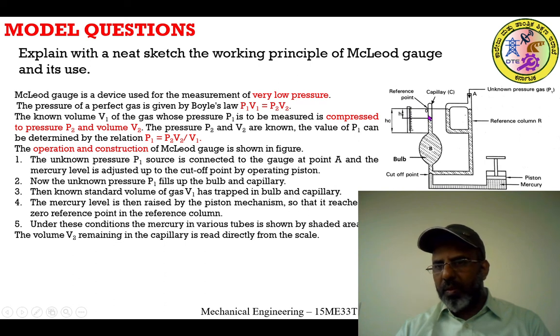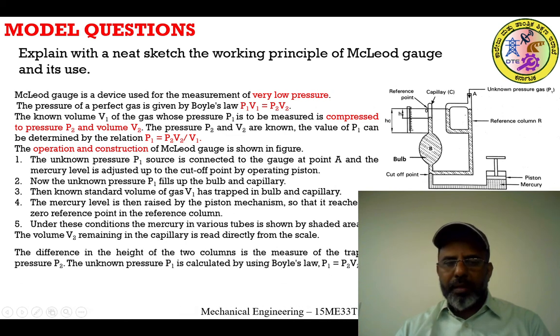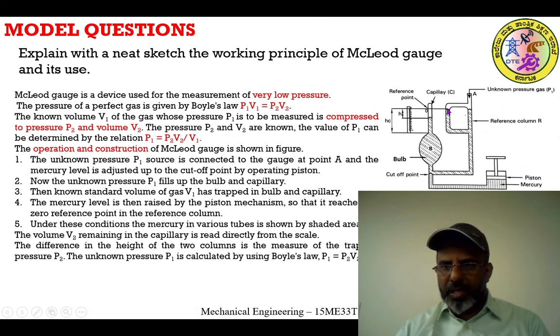We know the diameter of the capillary, so we can calculate the area, and knowing the height, we can calculate the volume of the gas trapped in the capillary. Here you can see the reference column, zero reference, and the mercury level in the capillary.